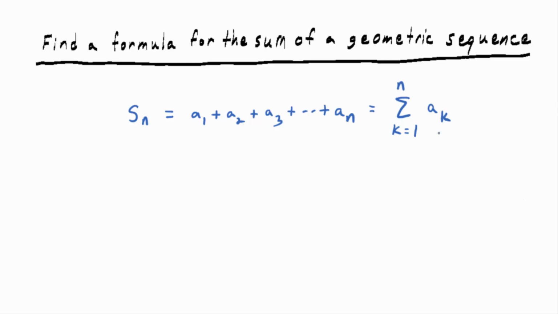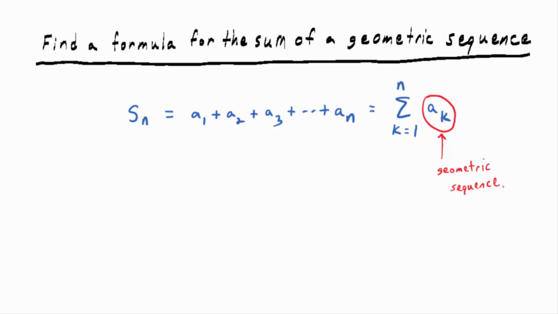Now, we're going to assume that this kth term formula, whatever it is, generates a geometric sequence. That's the assumption.